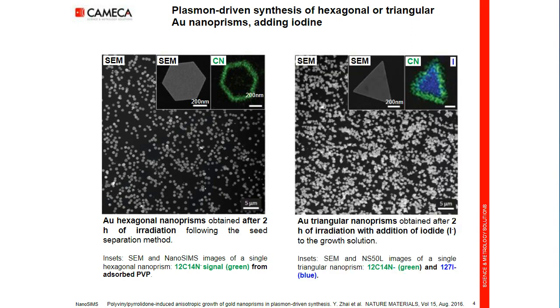And on the right side of this slide, you can see the role of iodine in controlling the shape of these nanocrystals in the growth. So you have an overlay of the CN image in green, and the blue represents iodine. So there is a way to control also the shape of the particles depending on the solution.